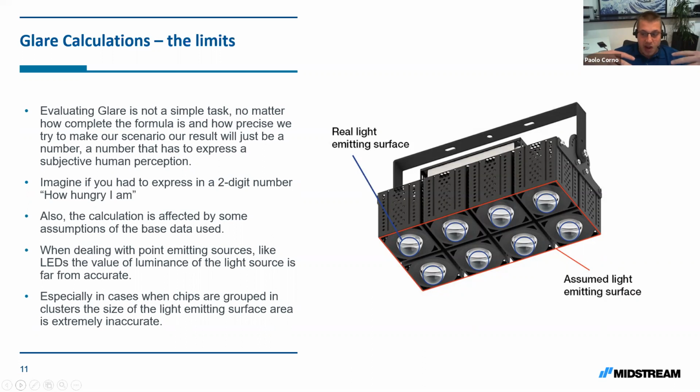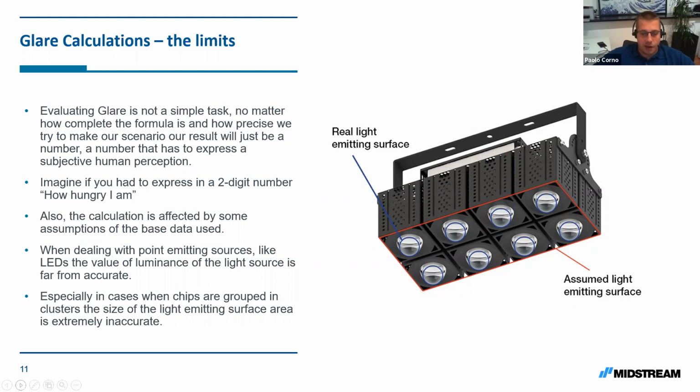There's a number of assumptions made in the glare calculations, which sometimes can really make the calculation inaccurate. For example, when dealing with point emitting sources like LEDs, the value of the luminance of the light source is always an assumption because you actually have little dots emitting light, not the entire surface.